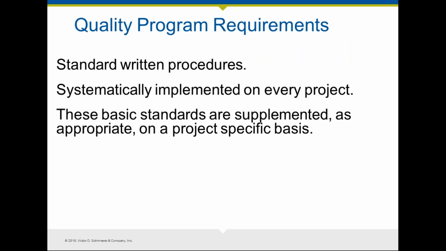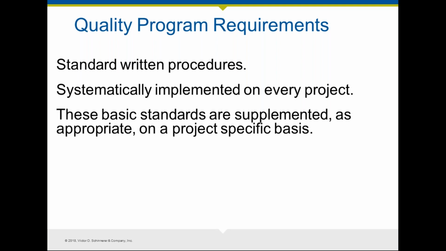Quality program requirements essentially mean that you, generally speaking, need to have standard written procedures on how you're going to implement your quality program on every project. For the most part, this is going to be a general document that you, depending on your firm and your firm profile, will say, okay, for all of our projects, when we're doing these types of services, these are the things that are important that need to be addressed as far as our quality program.